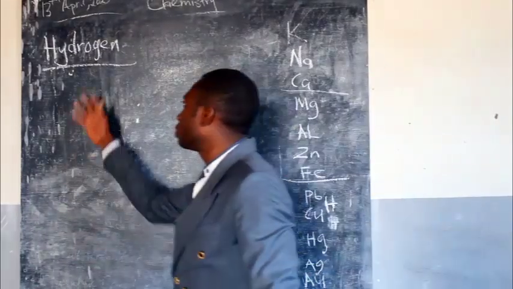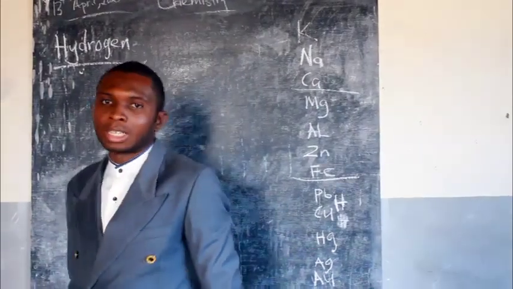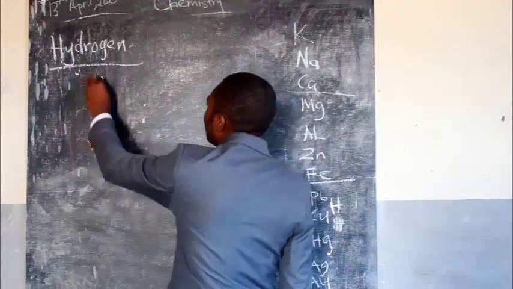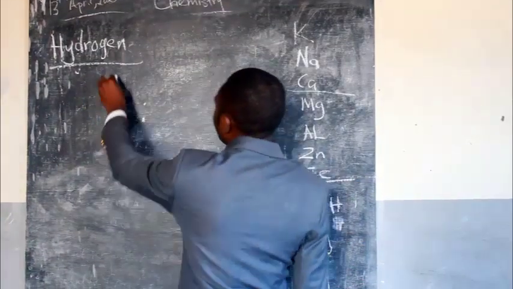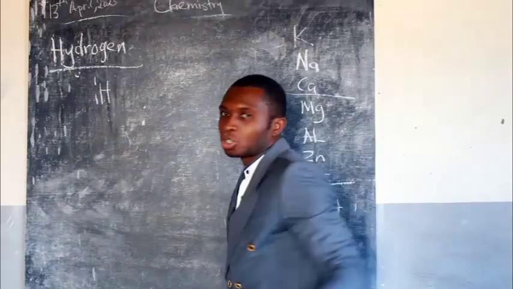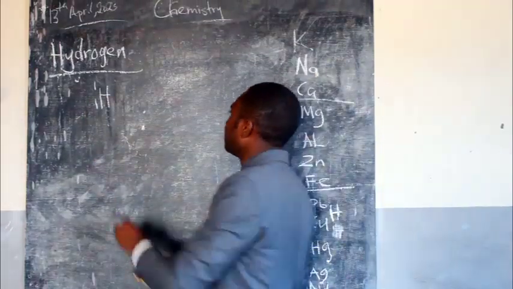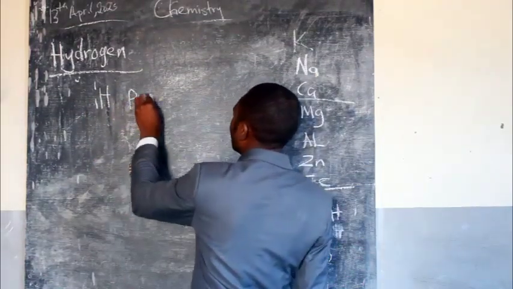Now take note, hydrogen has isotopes. The normal hydrogen is called protium.